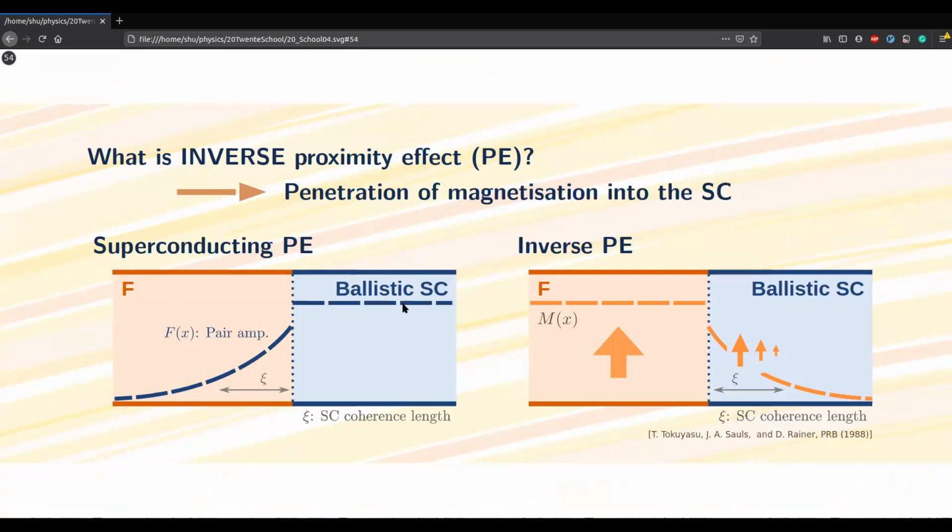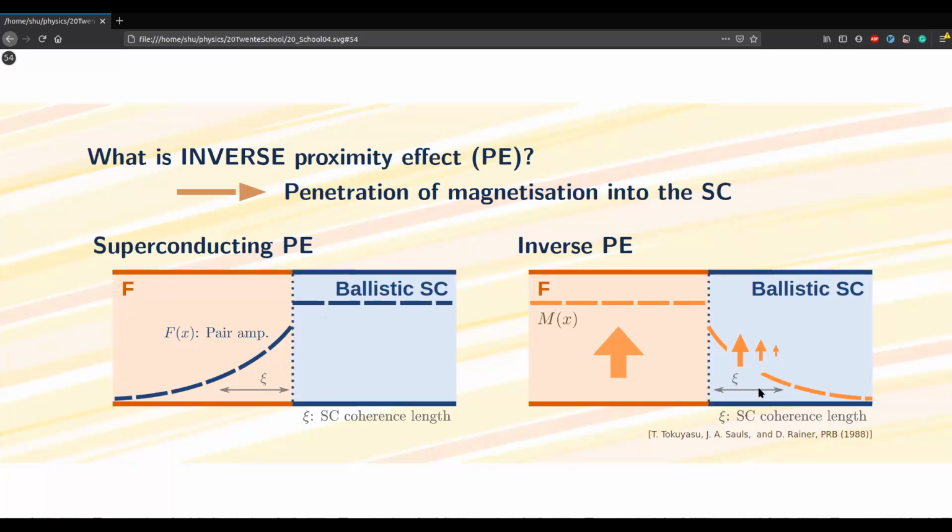If we consider the junction of a ferromagnet and a superconductor, the usual proximity effect occurs. The Cooper pair can penetrate into the ferromagnet. However, at the same time, the magnetization in the ferromagnet can penetrate into the superconductor.